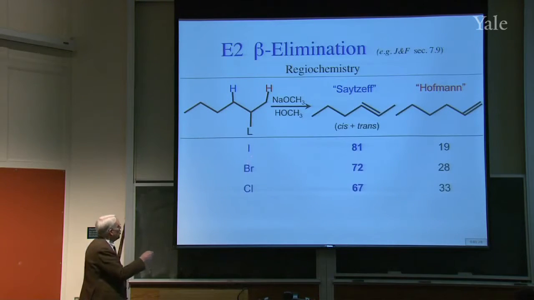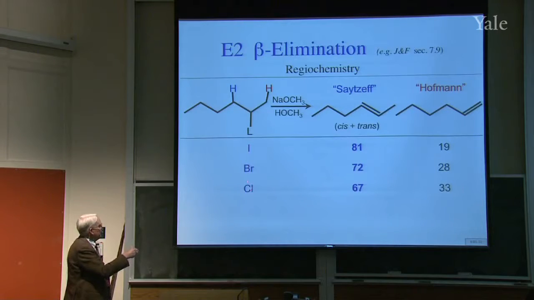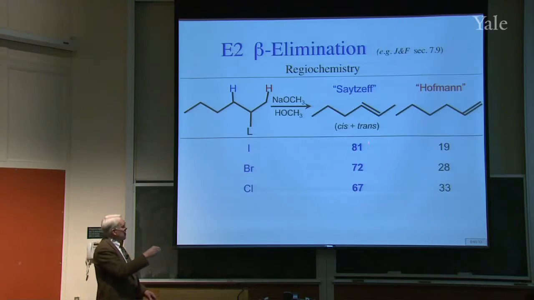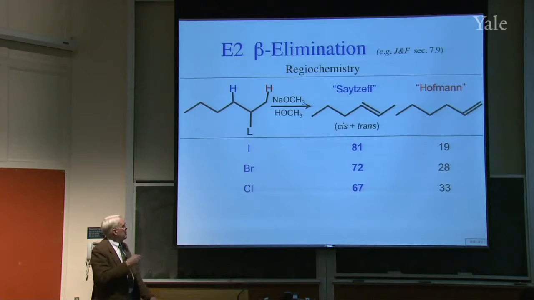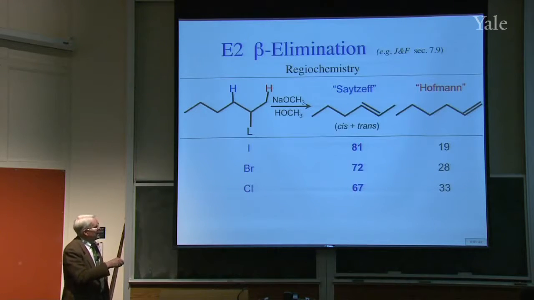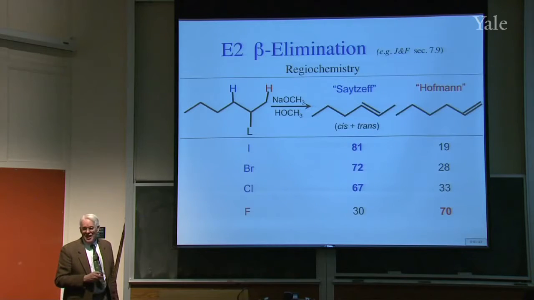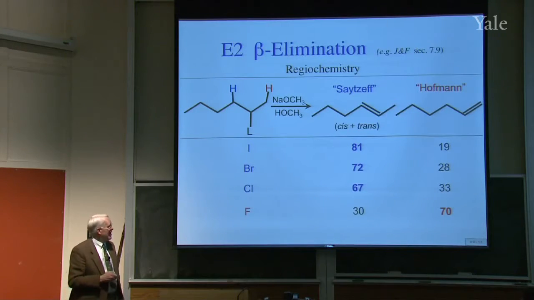So if you have the leaving group of the halogens, iodine, bromine, chlorine, you see their Zaitsev, the dominant isomer you get is in the second position, not the terminal position, right? But notice as we go iodine, bromine, chlorine, it gets less and less Zaitsev. And in fact, if you go to fluoride, it turns around and it becomes Hoffman in its orientation, right?